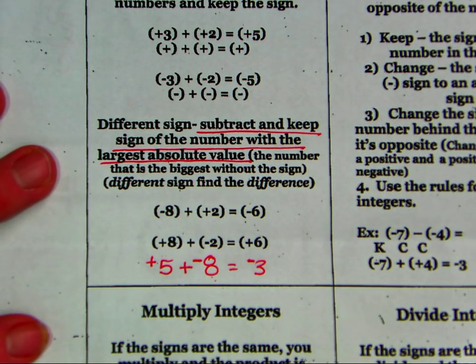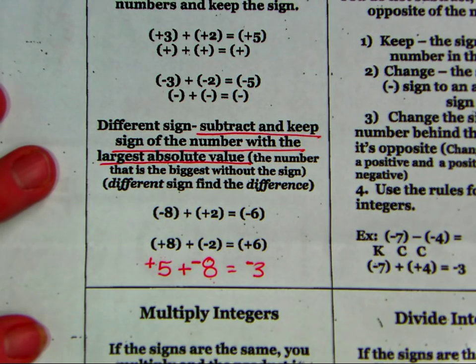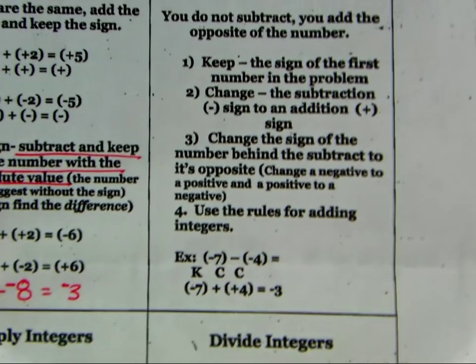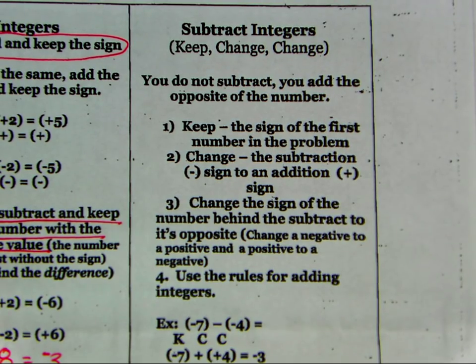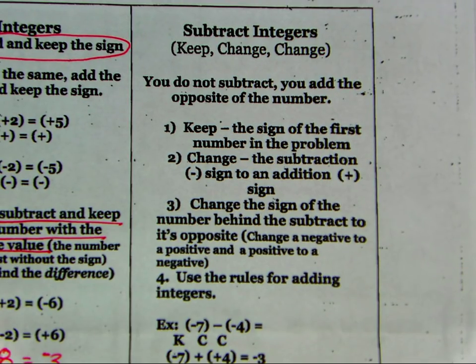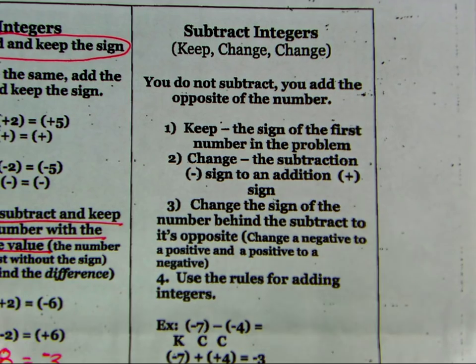The next rule is subtraction. In subtraction, you use this idea of keep, change, change. You keep the first number, you change the operation, and you change the integer from a negative to a positive or positive to a negative. So, you do not subtract.